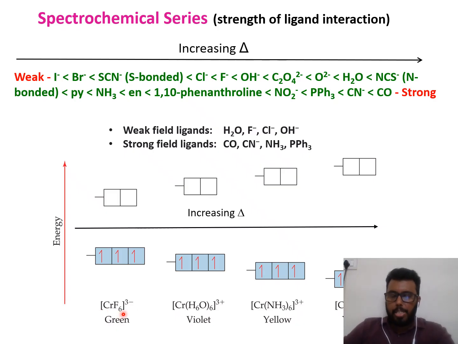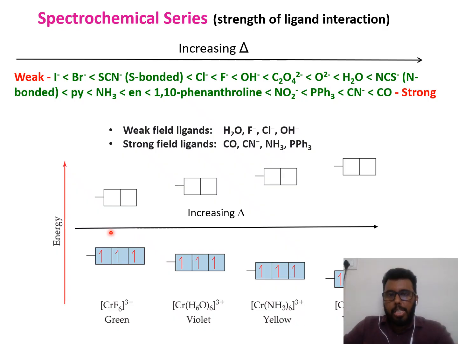So all are octahedral complexes. Fluoride, F minus, is a weak field ligand, and water, which means it is also a weak field ligand, and you have the amine, which is a strong field ligand, and cyanide, which is a strong field ligand. So compared to fluoride, look at fluoride here, it is positioned here, and water is next to fluoride. So which means the aqua ligand is stronger than fluoride.